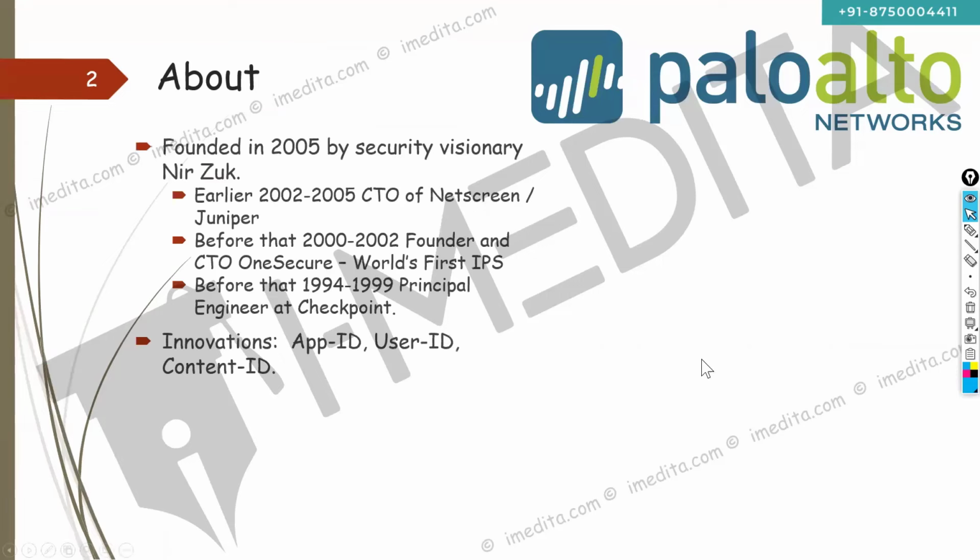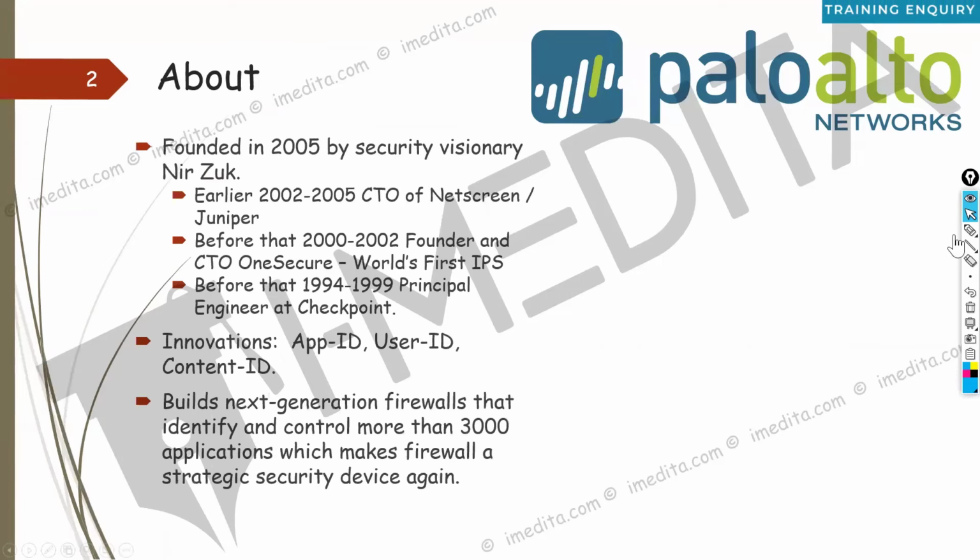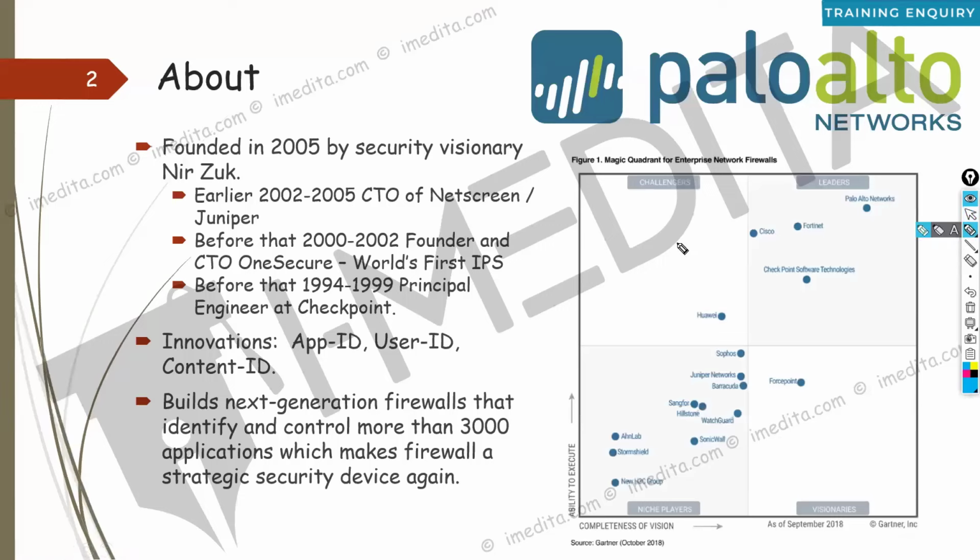First, you can see that this slide is showing the history of Palo Alto Networks. Palo Alto was founded in 2005 by Nir Zuk, and his work experience is in front of you. He worked at Checkpoint as a principal engineer from 1994 to 1999.